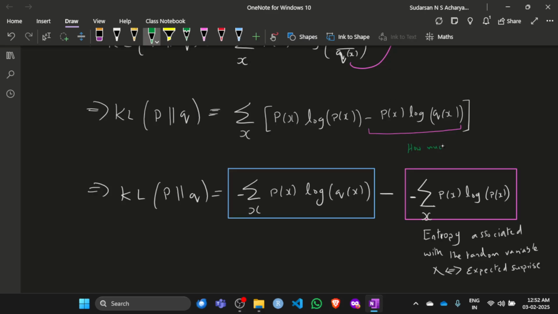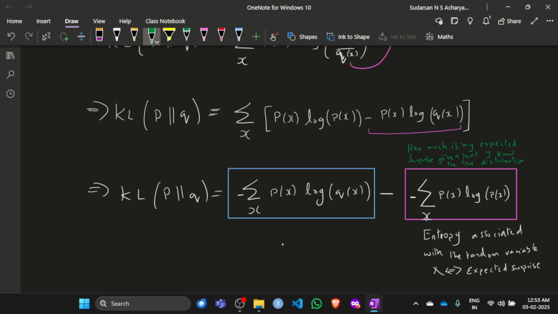How much is my expected surprise given that I know the true distribution? That's what I have written below. So it's the surprise associated with someone who knows the true distribution.